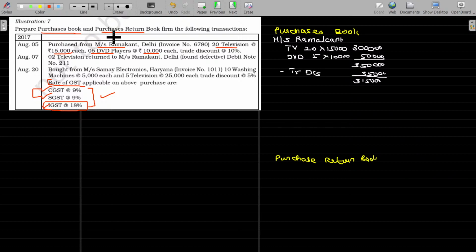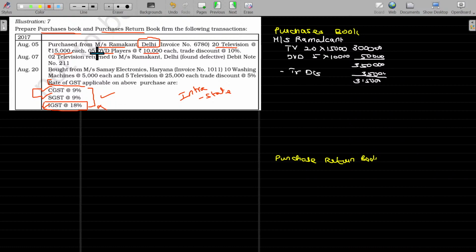Here, purchased from Ramakant, Delhi. I don't know whether IGST is there or not. In the solution, it is assumed everything is intrastate only. In the case of intrastate, we don't have IGST.